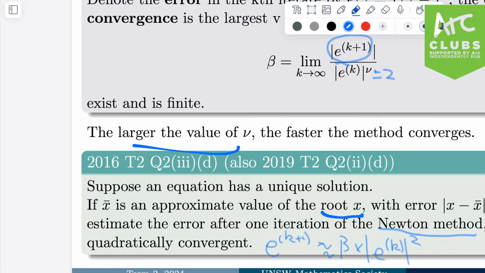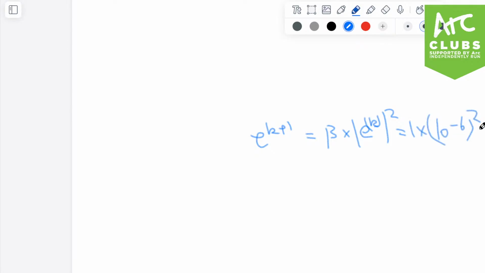Okay, so if beta is 1, then e_{k+1} will just equal beta times e_k to the power of 2, which is just 1 times (10 to the power of -6) to the power of 2, which is just 10 to the power of -12. And that's the answer for this part.